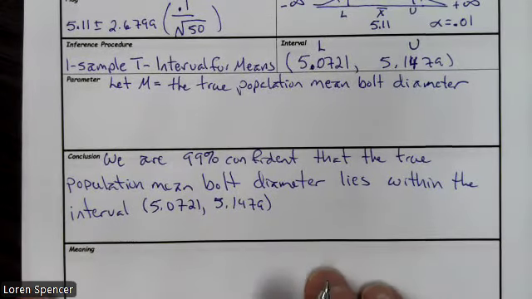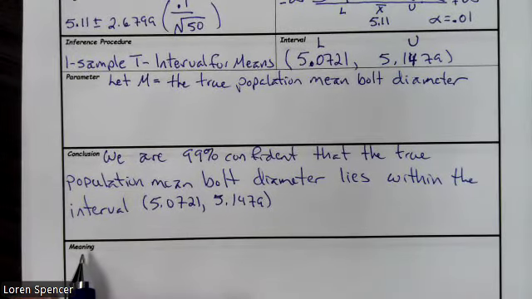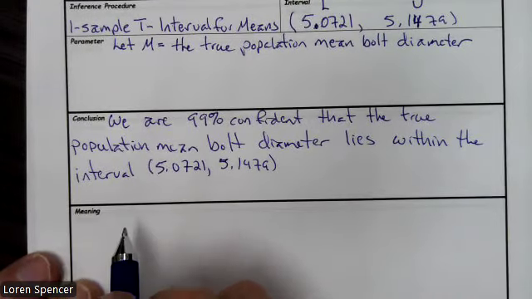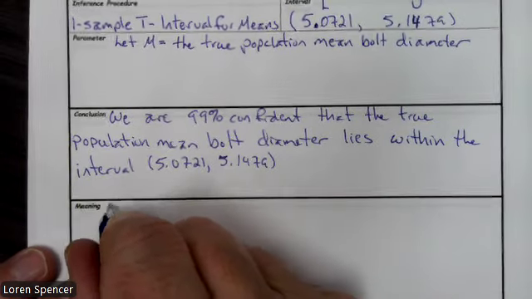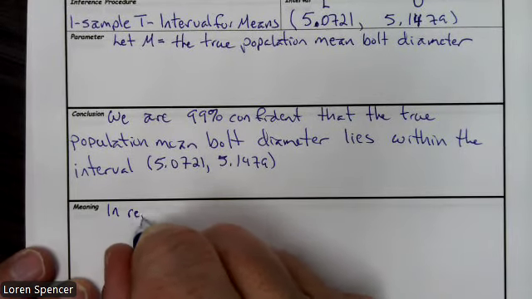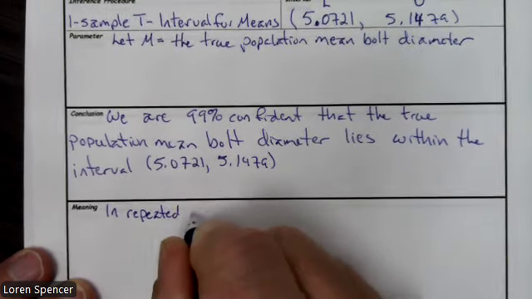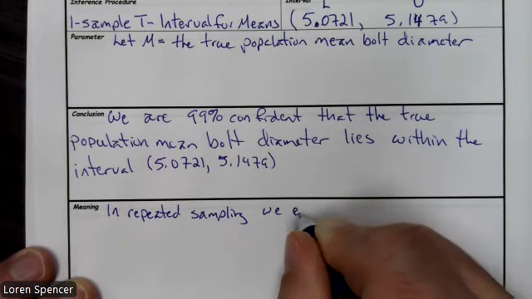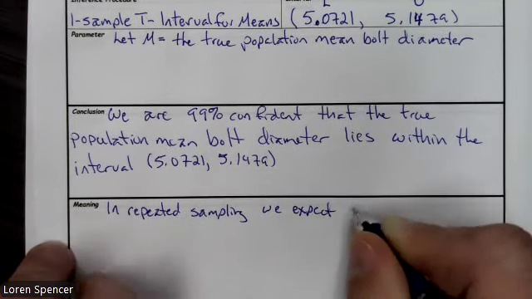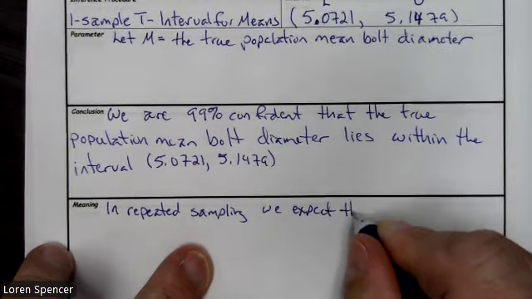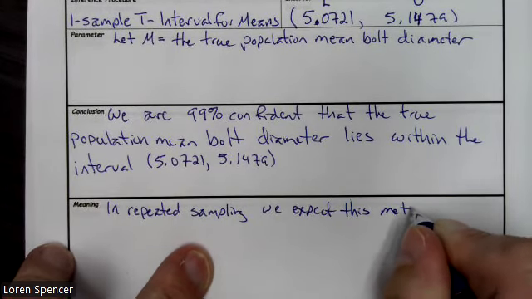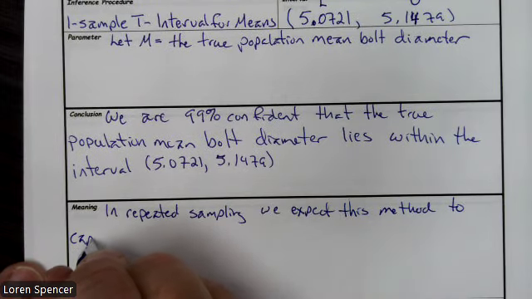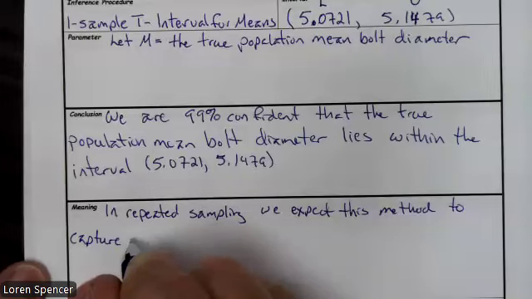All right. The next thing is the meaning of the confidence level. And what that says is if we did this over and over again, how confident are we? So, in repeated sampling, we expect this method to do what? Capture what?